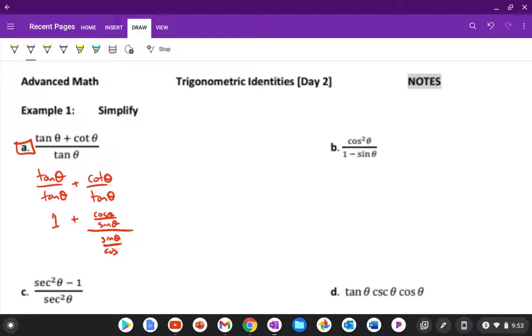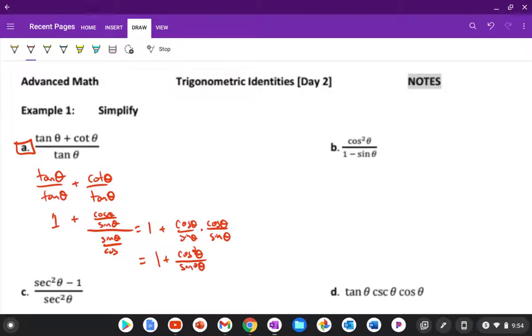So from here, let's flip and multiply. So this is going to be 1 plus cosine theta over sine theta times, we flip it, it becomes cosine theta over sine theta. Now these don't cancel, but that's okay for now. So we get 1 plus cosine times a cosine is a cosine squared, and a sine times a sine is a sine squared.